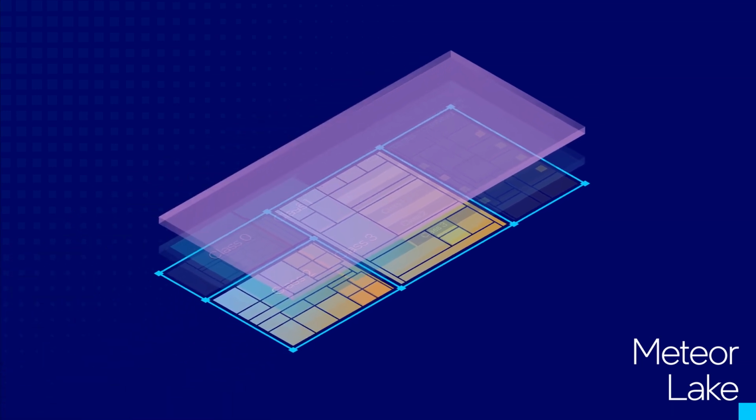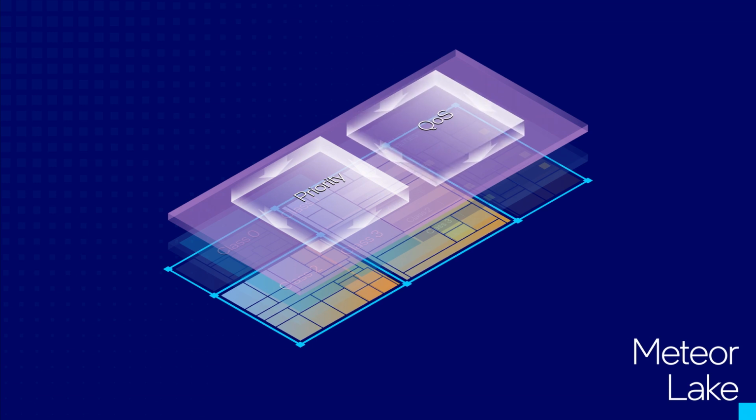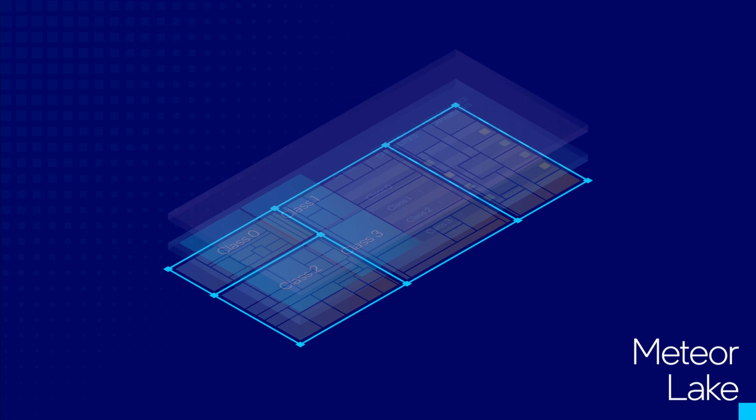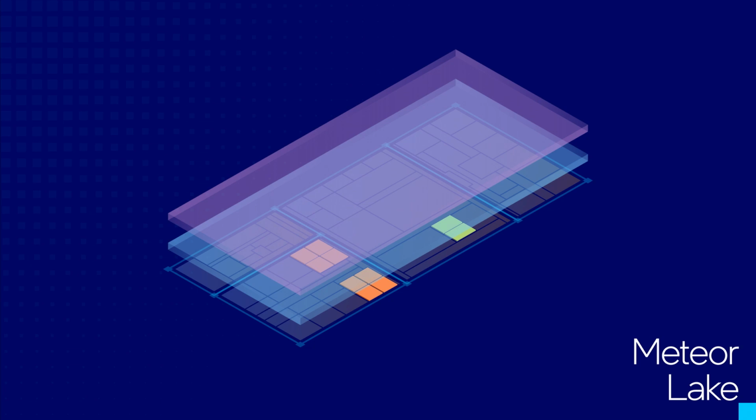The OS scheduler uses hardware information along with other pieces of intelligence such as priority, quality of service that it already has to make scheduling decisions. Thread Director is now smarter than previous generations, supporting both compute and SoC tiles and incorporating more advanced feedback from efficiency cores, significantly improving workload classification and power optimizations. Let's provide an example on how this works.